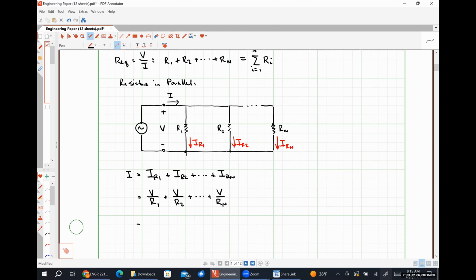And I can factor out V so that I have 1 over R1 plus 1 over R2 all the way out to 1 over R sub n.